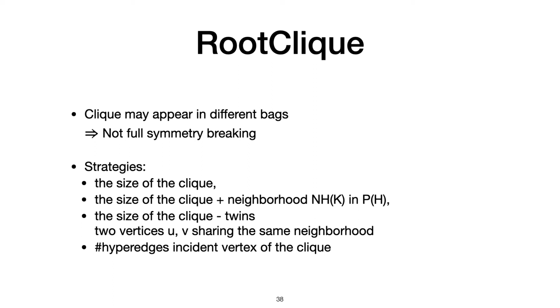In order to maximize the effect of the symmetry breaking, we consider various strategies to obtain the best results. First we simply take the size of the clique plus its neighborhood in the primal graph, then the size of the clique minus its twins, and then simply the number of hyperedges that are incident to the vertices of the clique.